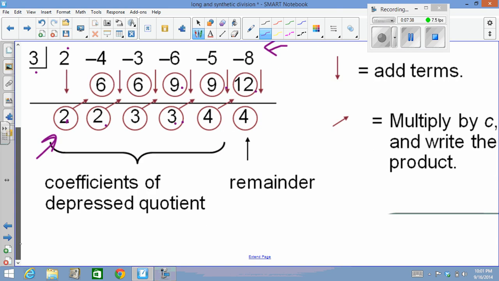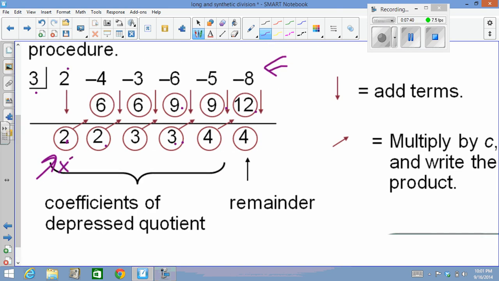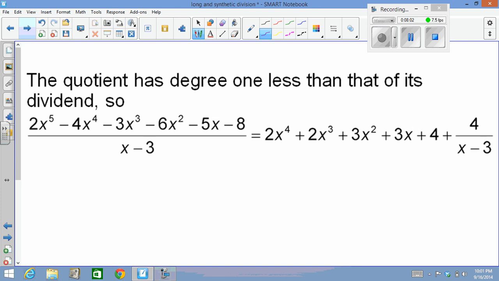So that would tell me I'm going to have 2x to the 4th, and then this is a positive 2, so that will be plus 2x to the 3rd, plus 3x squared, plus 3x plus 4, and then this 4 is going to be over the number I divided by, which was x minus 3. So if I were to put that in a nicer format, when I divided this polynomial, I ended up with 2x to the 4th plus 2x cubed plus 3x squared plus 3x plus 4 plus 4 over x minus 3.